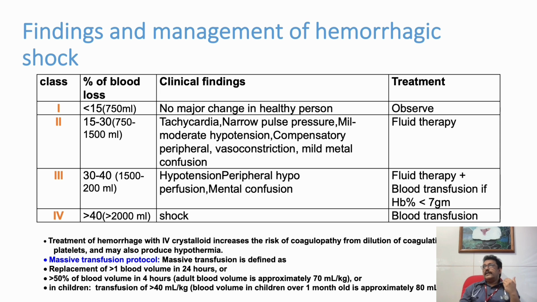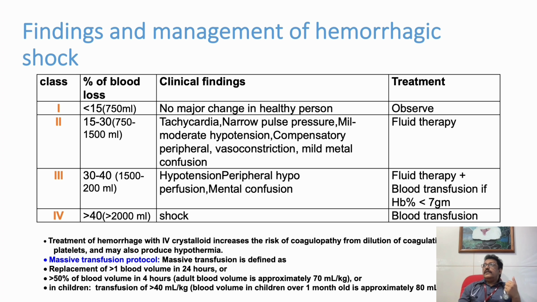Many patients who are having severe bleeding lose all types of blood cells. They lose RBC, WBC, platelets, coagulation factors, everything during bleed. But we will be normally transfusing only RBCs, so that should be avoided.